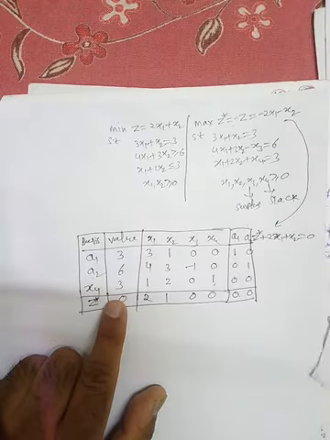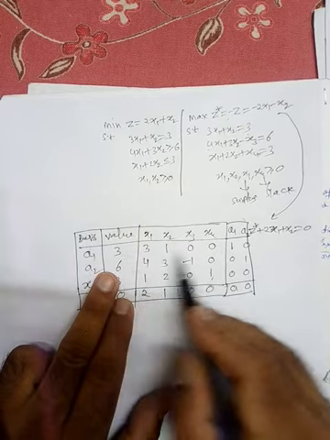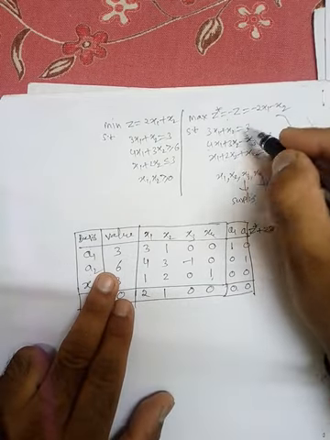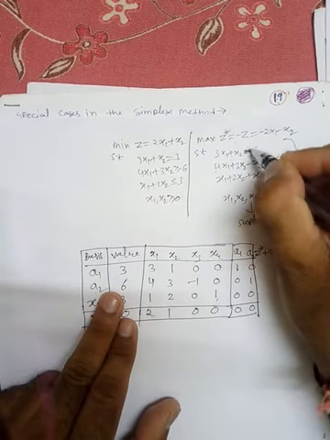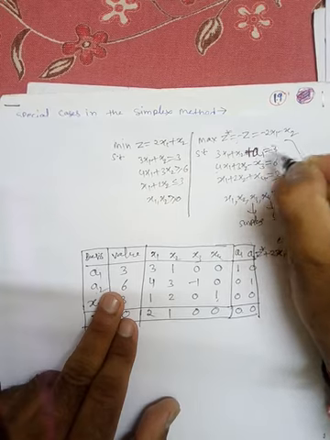Okay, so now you will see we have added a1 here, in the first constraint we have added 1 here. That's why in the first constraint we have to add another variable, plus a1, a1 is equal to 3.